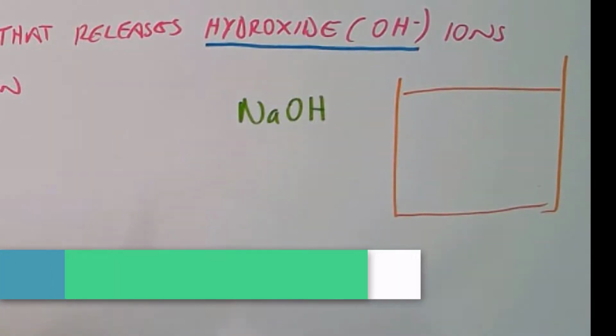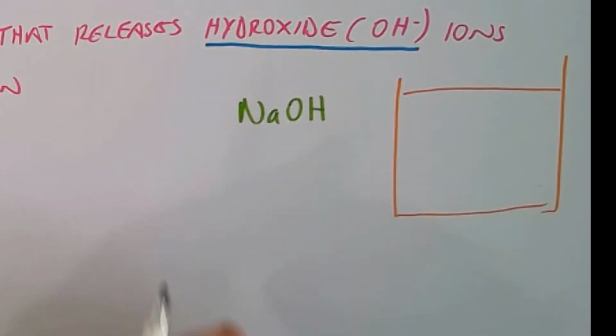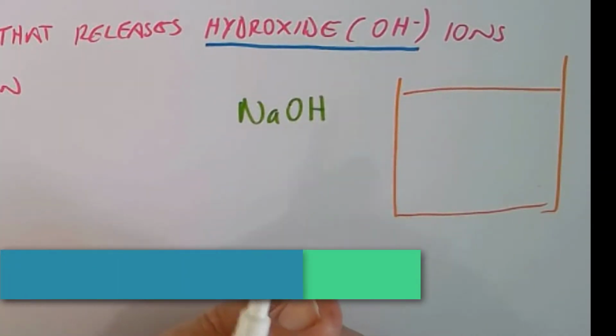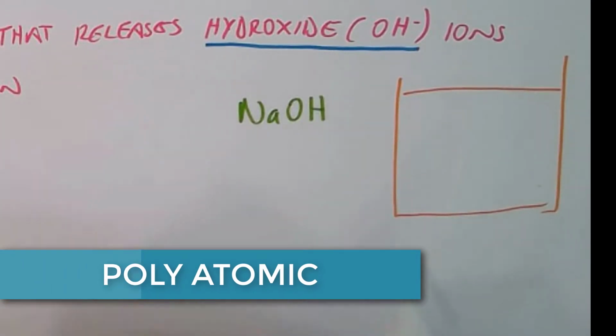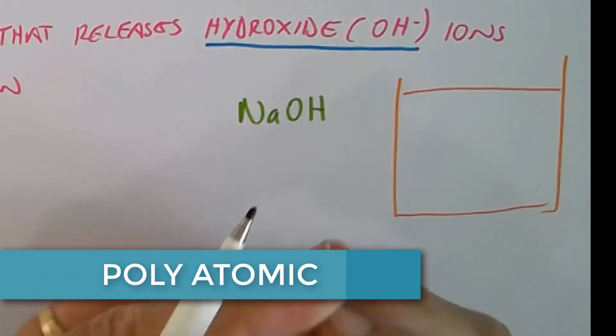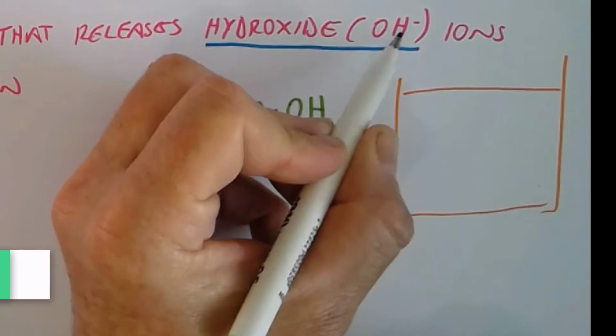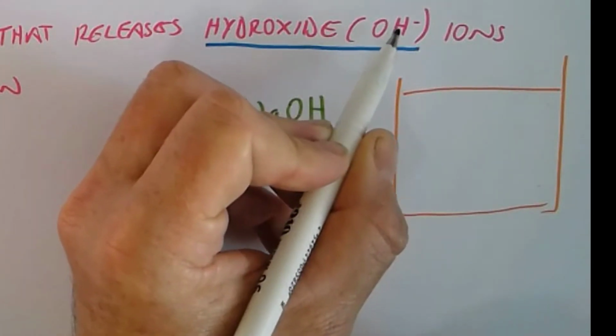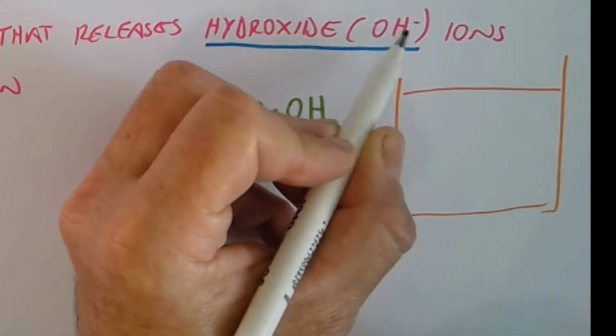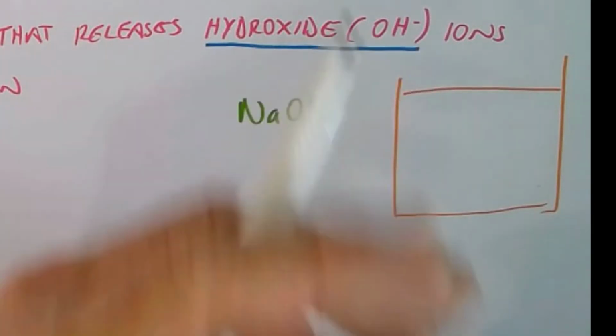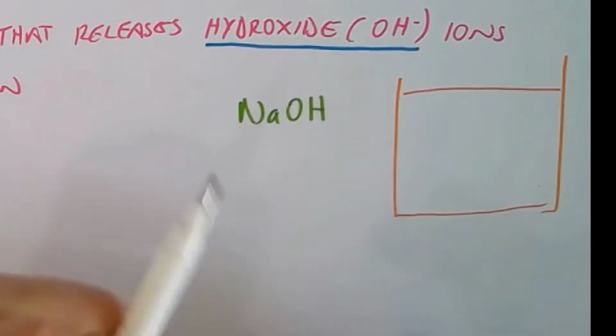Now, hydroxide is a polyatomic ion. That means that there's two atoms that actually form the ion. So two atoms here, an oxygen and a hydrogen. Together, they have a charge of -1. So they stay together as an ion.